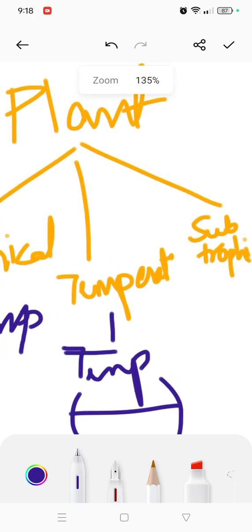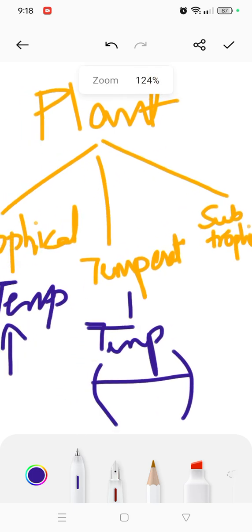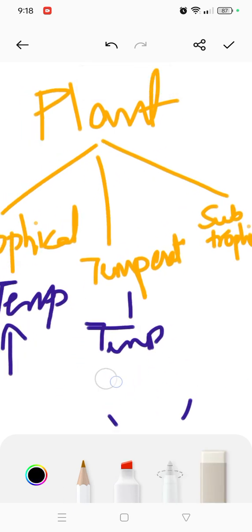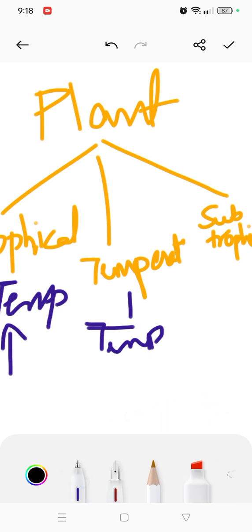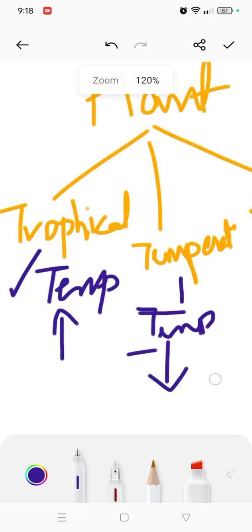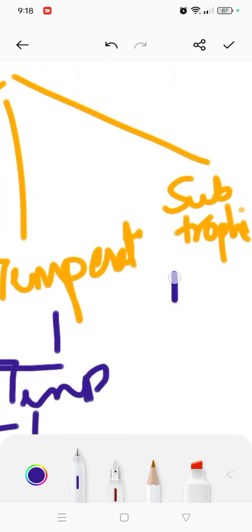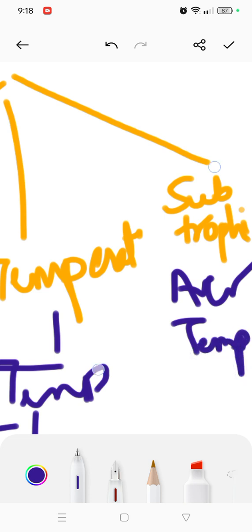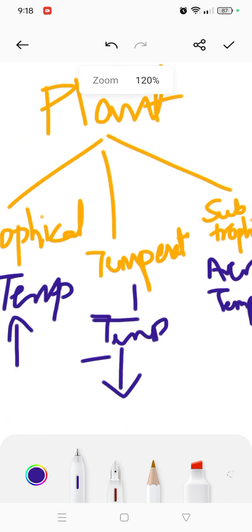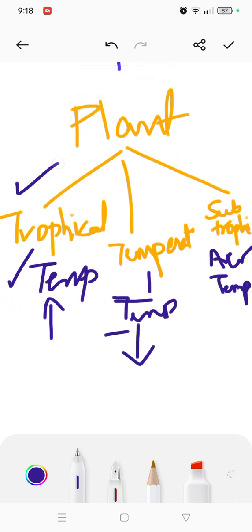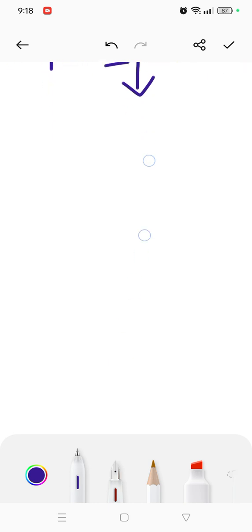Here in this one temperature is low, and subtropical is average temperature. But now we are talking about this subdivision lycopsida, which lives in the tropical region. This means here temperature would be high.